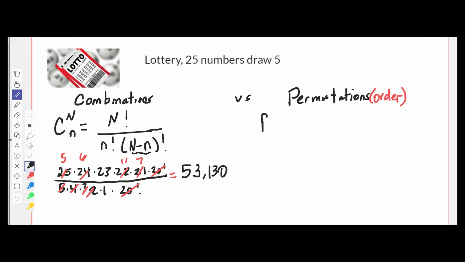So let's see what happens if order matters. The formula is pretty similar, but what's happening with the combinations is we're dividing out repeats, like 1, 2, 3, 4, 5 is the same as 5, 4, 3, 2, 1, right? Because order doesn't matter. So this little n is not being divided out when it comes to permutations. So all you have now is the big N minus little n.